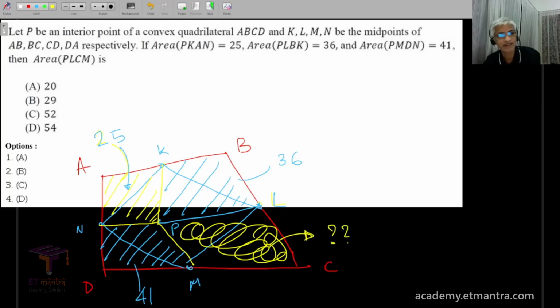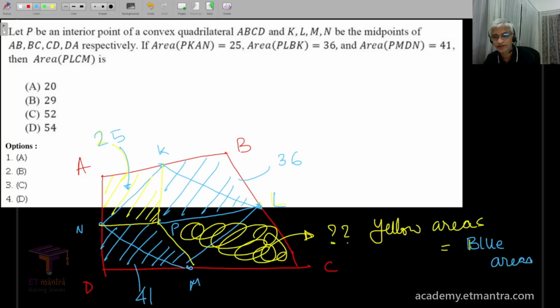Now, let me tell you the answer up front, and we'll justify it by standard theorems. The answer is that the yellow areas are equal to the blue area. And those of you who see this easily will of course get the answer rather quickly.